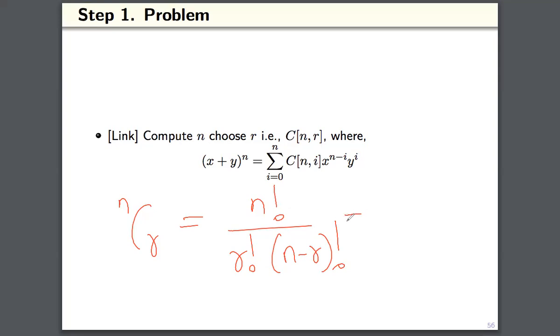There is a recursive relationship also: N choose R is equal to n minus 1 choose R plus n minus 1 choose R minus 1. So n minus 1 appears on both sides here, and then this is R minus 1.